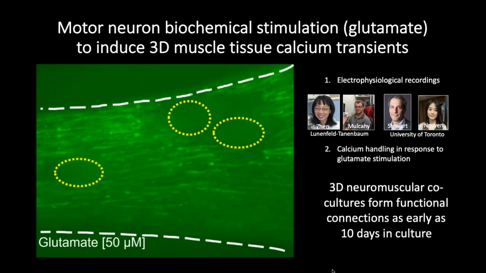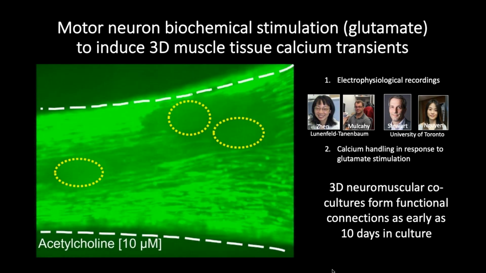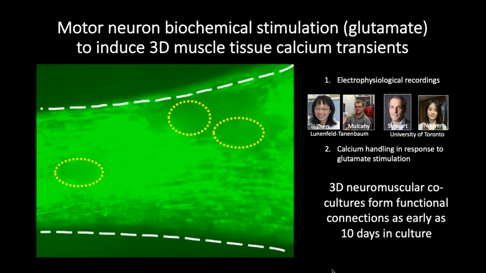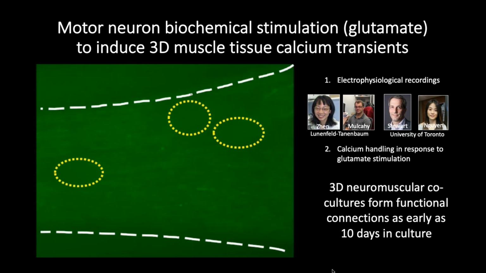And for those of you that have worked with 2D neuromuscular co-cultures, so human muscle fibers and motor neurons in 2D co-culture, you know that it's very challenging to see quite so many functionally innervated muscle fibers in 2D cultures at this time point, and really even at later time points as well.